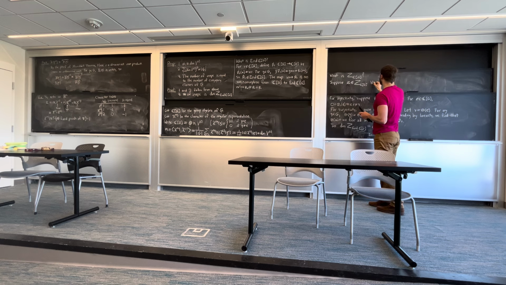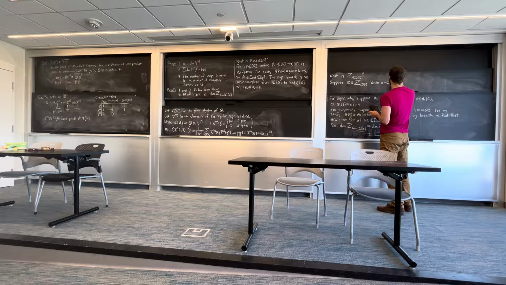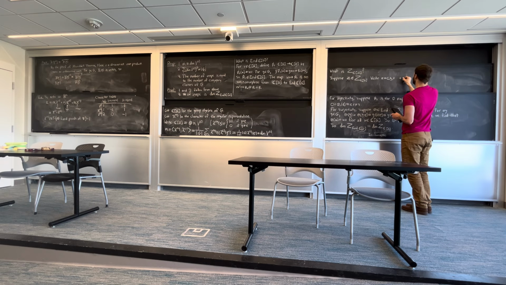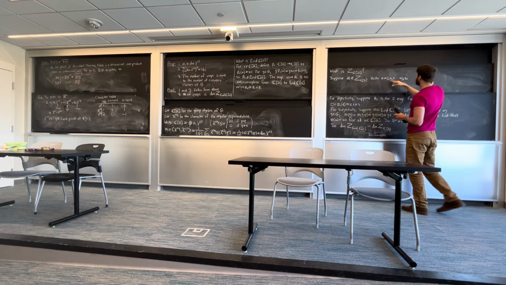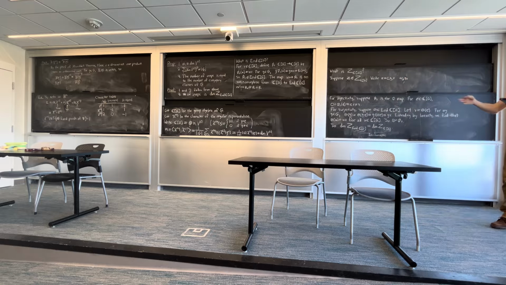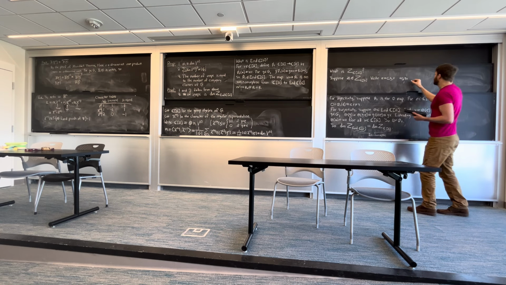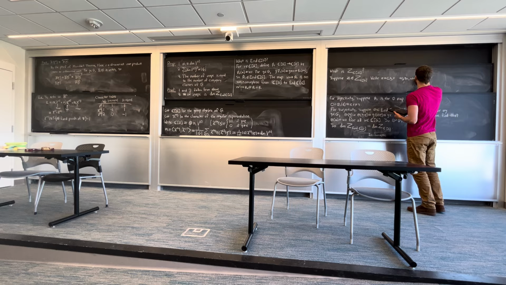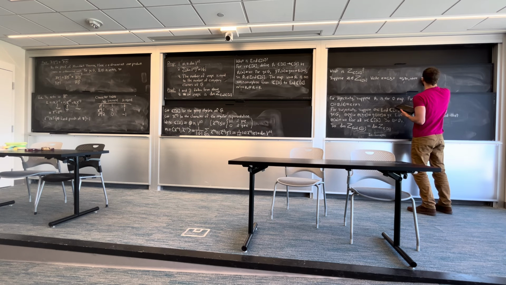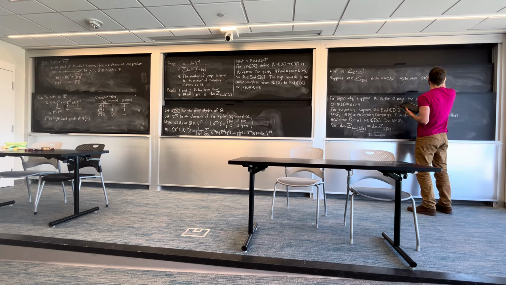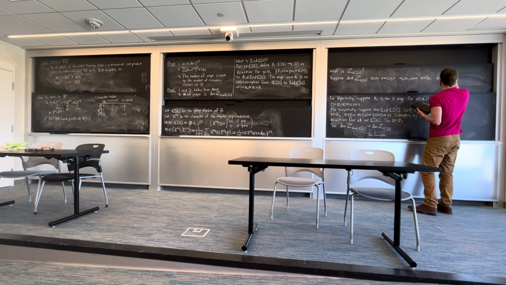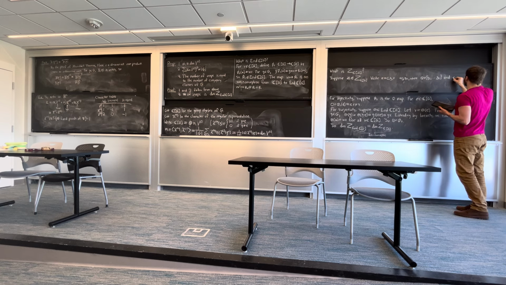Since it's in the group algebra, we can write Z in the form C1 G1 plus dot dot dot plus Cn Gn. Let's just assume that this is going over the whole group, so some of the C's could be 0, but that's fine, where G1 through Gn is just the entire group, and the coefficients are some complex numbers.